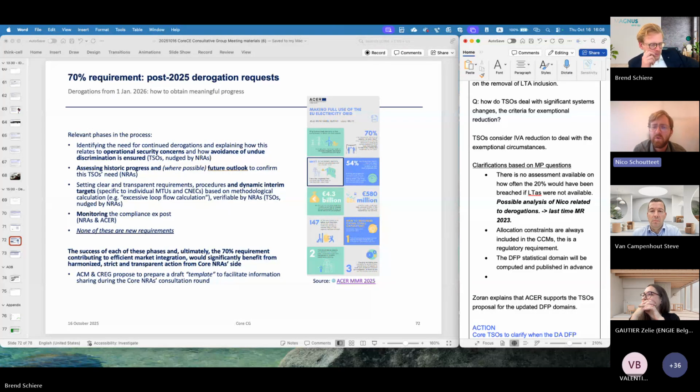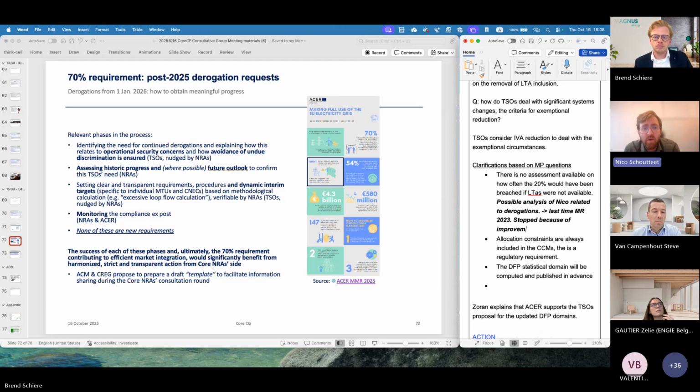We did observe in 2022, 2023 that this was quite frequent and quite specific to a couple of individual TSOs. We saw that this improved and we stopped publishing this in our CREG reports. So I don't have any recent numbers on that.